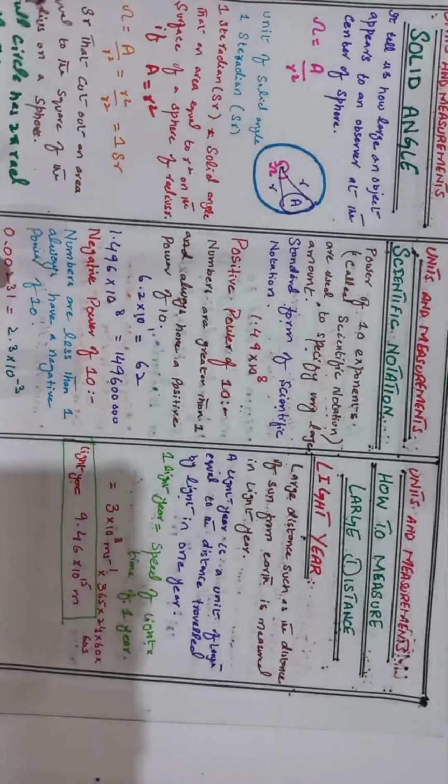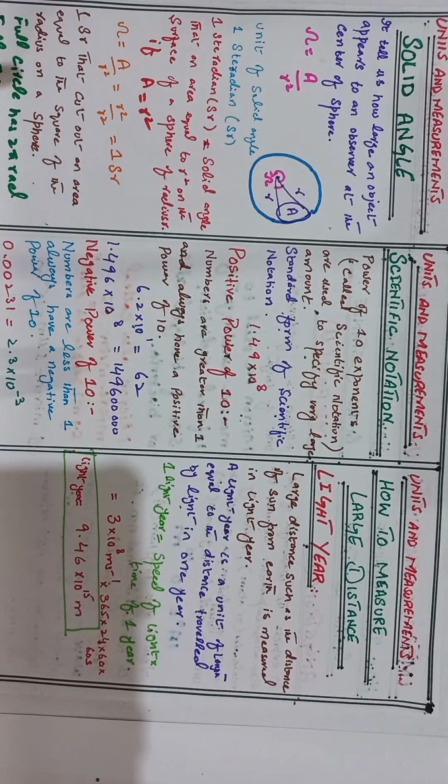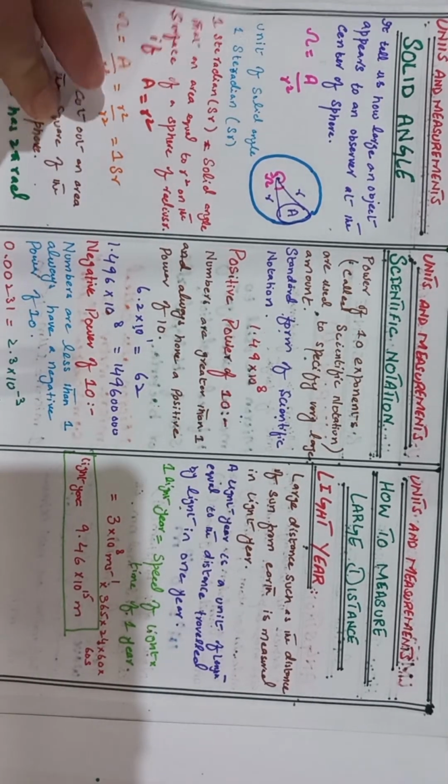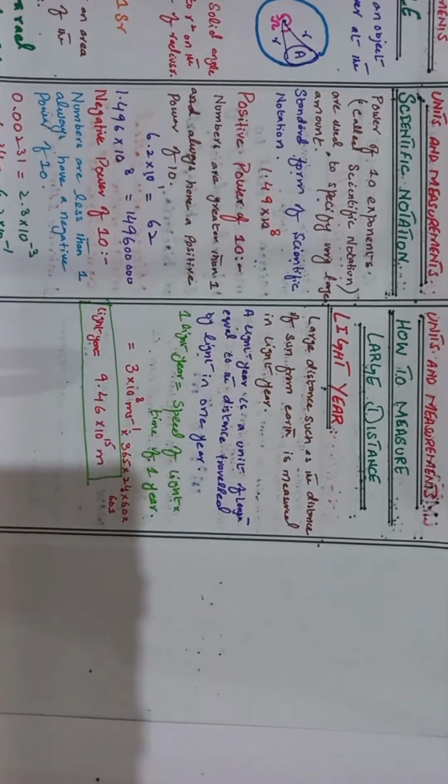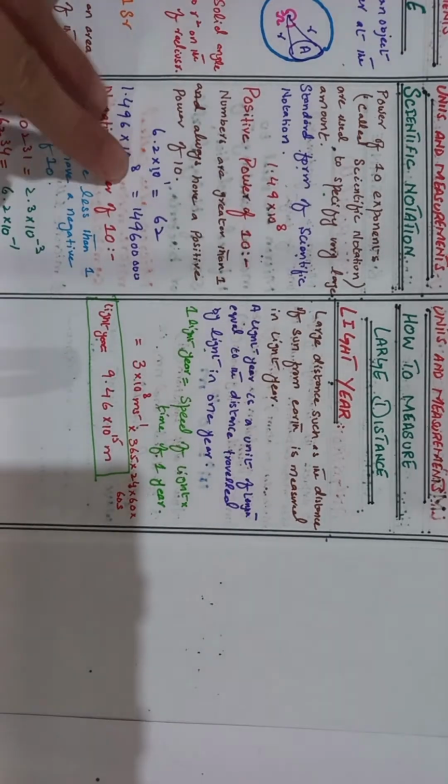Okay, today we discussed 5 topics. First is the solid angle, where we discussed what a solid angle is. Then we discussed scientific notation, with two powers of 10, positive power and negative power. Then we discussed how to measure large distances, such as the distance of Earth from the Sun. We use the unit light year, and we explained it in detail.